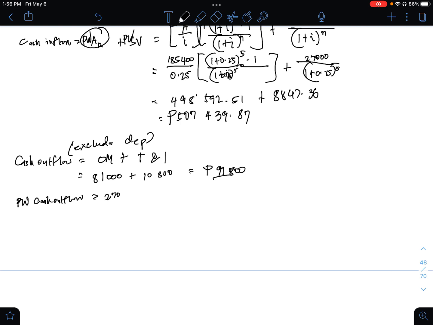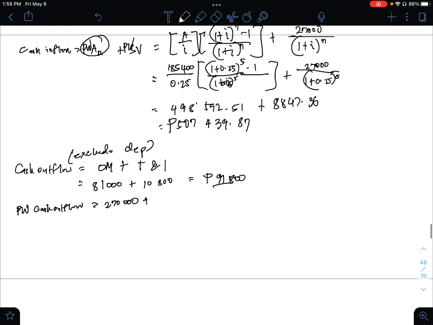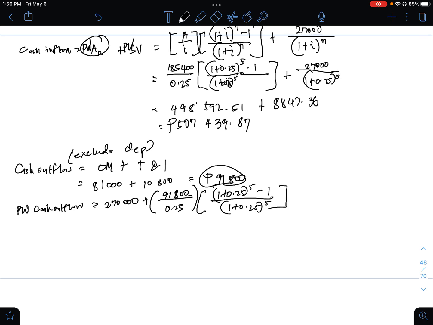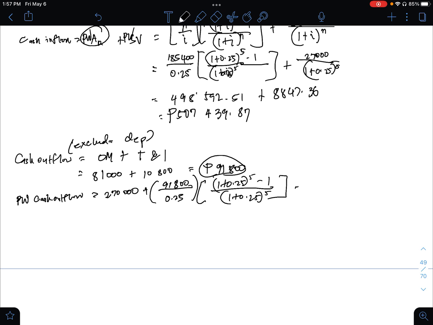So 270,000, di ba, first cost plus the present worth of 91,800 over 0.25 times 1 plus 0.25 raised to the power of 5 minus 1 over 1 plus 0.25 raised to the power of 5.